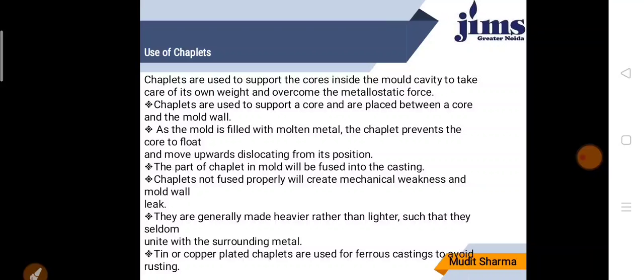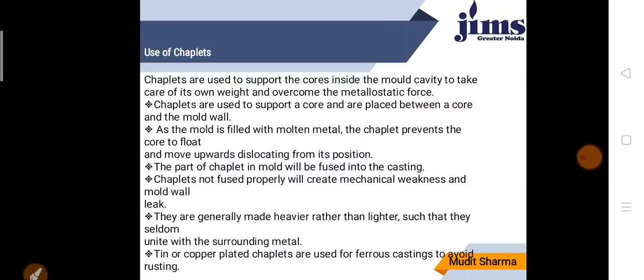You can see, where we want to create a hollow cavity, we use the core, and the core is supported by a metallic object. If I am going to make a product of cast iron, then the chaplet is also cast iron, and it will be fused with the molten metal during casting.